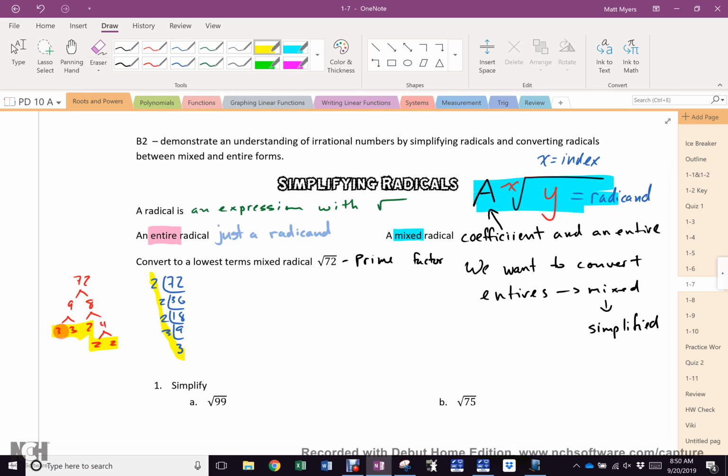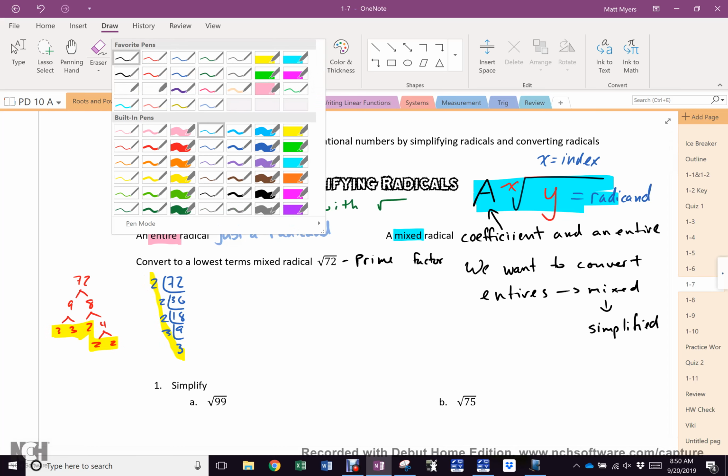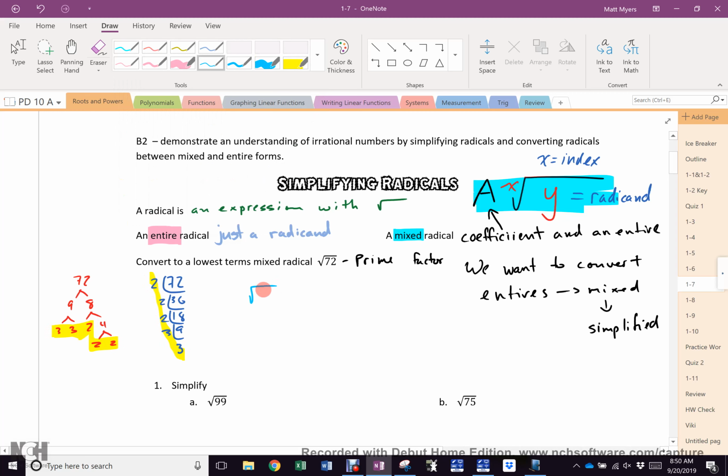What is important is you recognize that the square root of 72 also equals the square root of 2 times 2 times 2 times 3 times 3, which also equals the square root of 2 cubed times 3 squared.